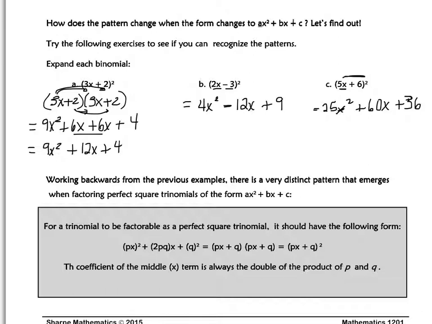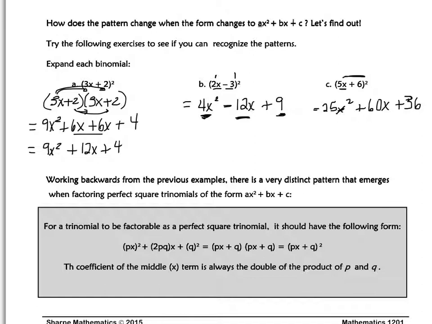So if you look back at the patterns, you can see that the same kind of thing that happened in the first one is happening: the first term here is the square root of that. The second term in your binomial factor is the square root of that. And then inside here, we have twice the product of the square roots of the first and last terms.